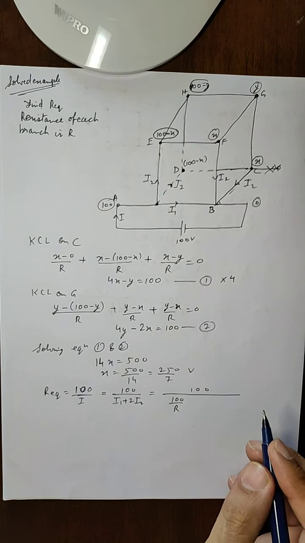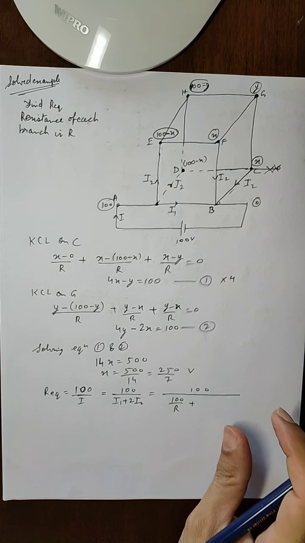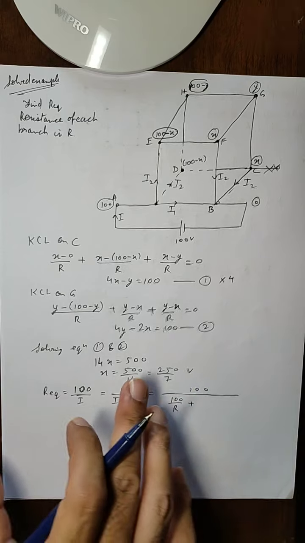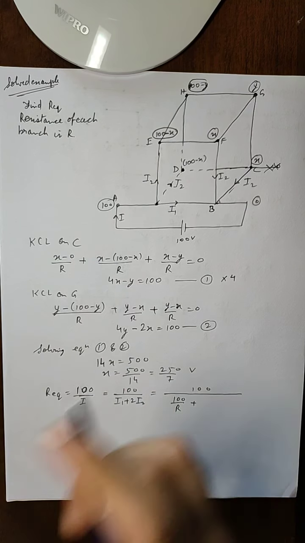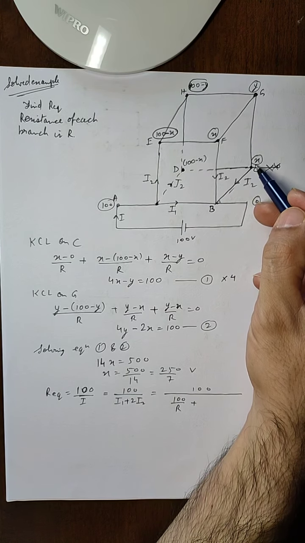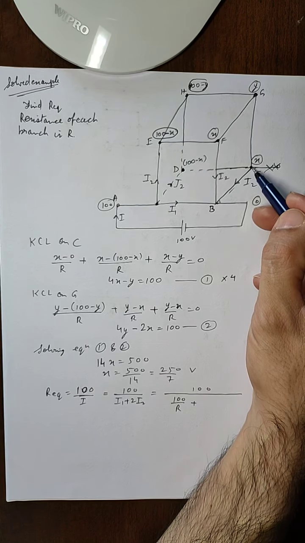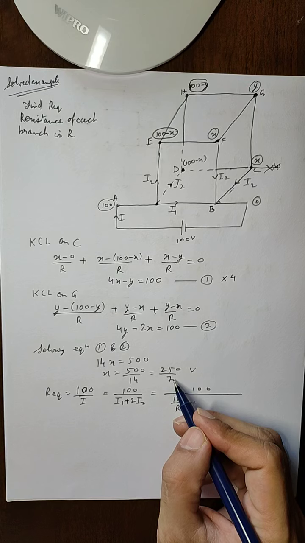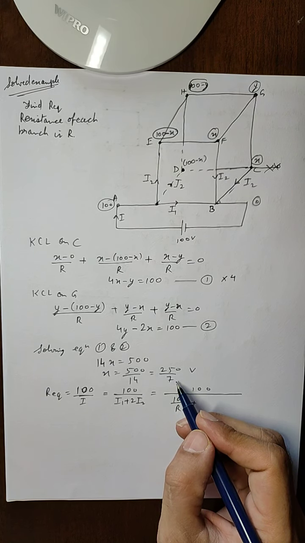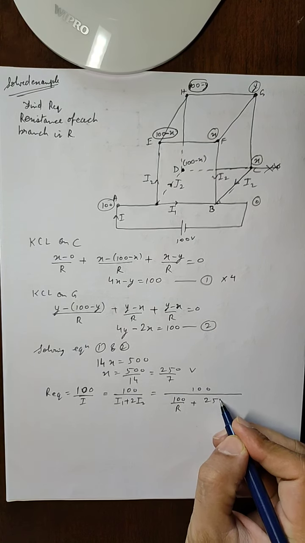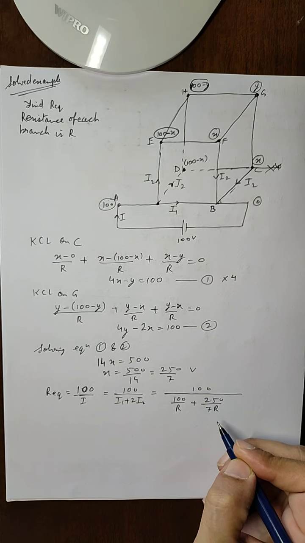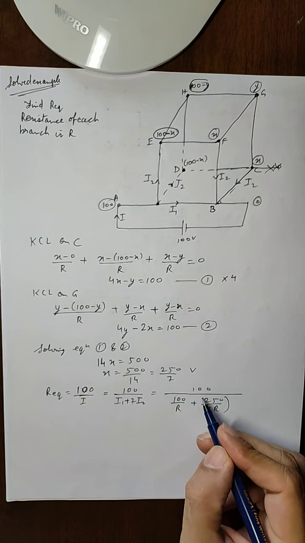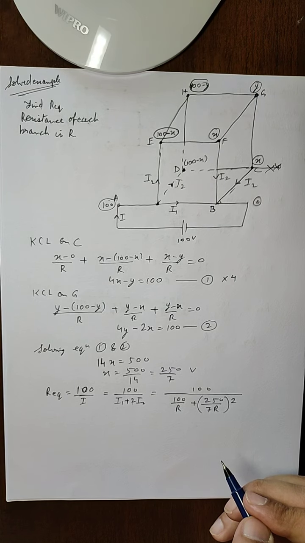So it is 100 by R plus I2. We can take I2 from here, so I2 will be equal to x minus 0 by R, and x is 250 by 7, so 250 by 7R. This you can do yourself also, and this is multiplied by 2. So this is what we have here.